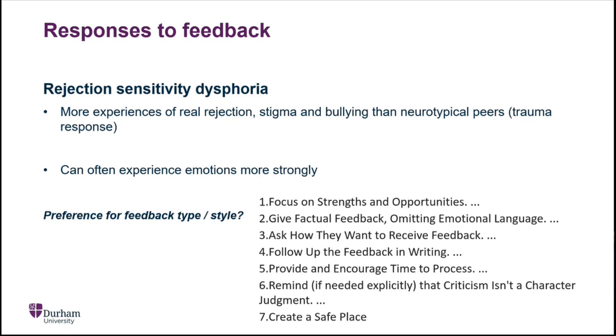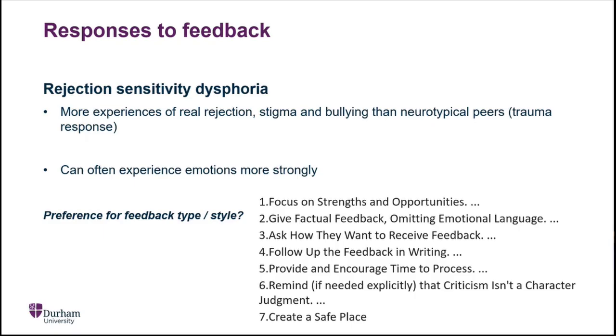There is the idea that neurodivergent individuals might be more prone to sensitivity around what we call rejection sensitivity dysphoria. And this comes from the idea that over time, through childhood, adolescence, and into adulthood, autistic and neurodivergent individuals will experience more trauma-related responses, more stigma and bullying, and more experiences of real rejection in life.